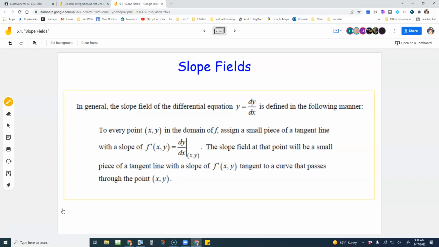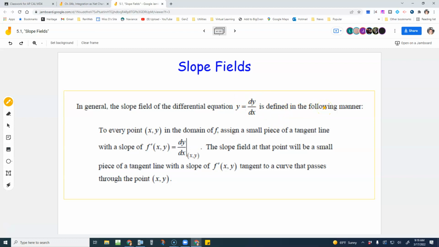Okay, so coming back. What's the title of 8.1 again? Slope fields. Have we talked about a slope field besides just writing stuff down? No. So let's check it. In general, the slope field of a differential equation, with dy/dx as itself, or maybe a y prime in there somewhere, is defined in the following manner.